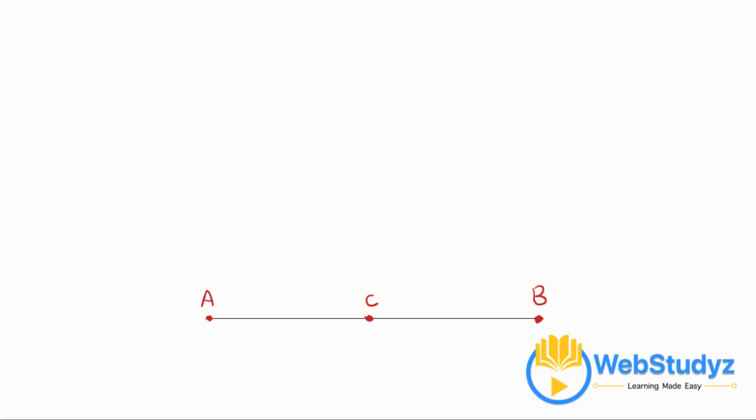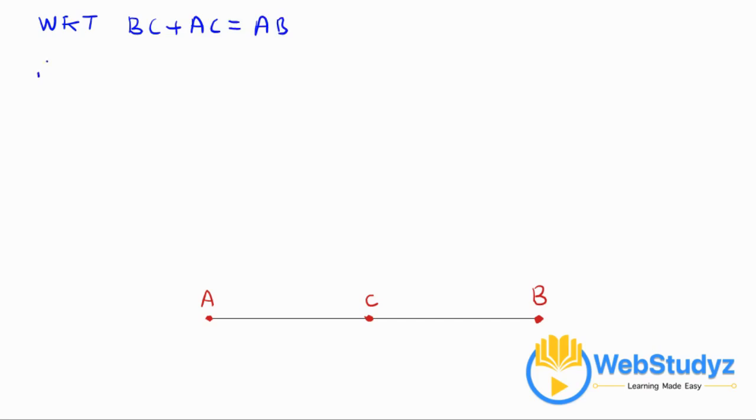So we know that BC plus AC is AB, as it is a line segment.